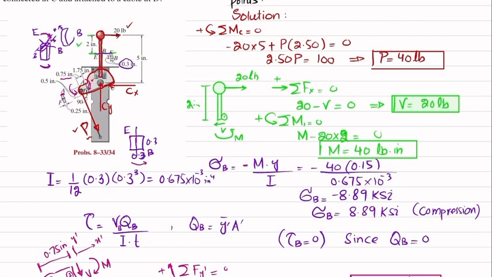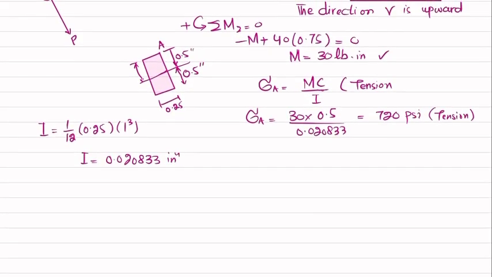This was like this, so not like this. Let me check. So the moment was like this, and that will cause compression at point B. That's why sigma B is M into c divided by I, but since this point B is in compression, this stress will be in compression.